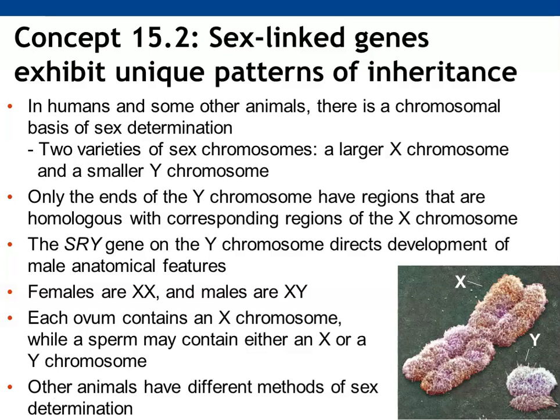Males get both an X and a Y. When we look at our gametes, females can only pass on an X chromosome, while sperm can either pass on an X or a Y chromosome since males have both chromosomes available.